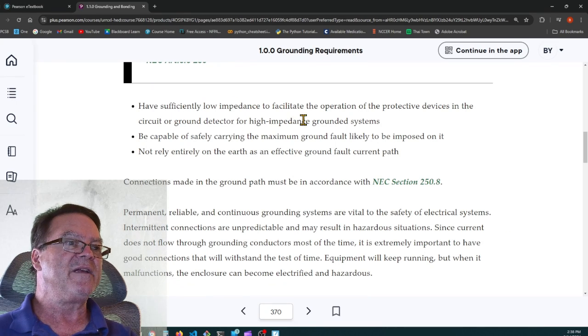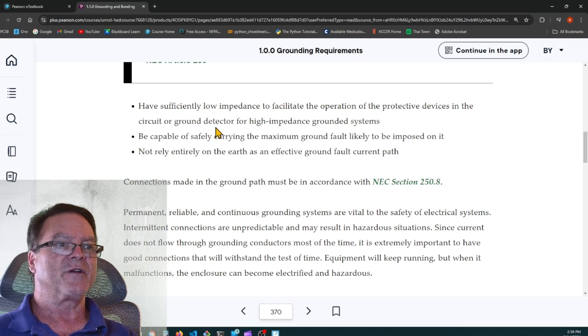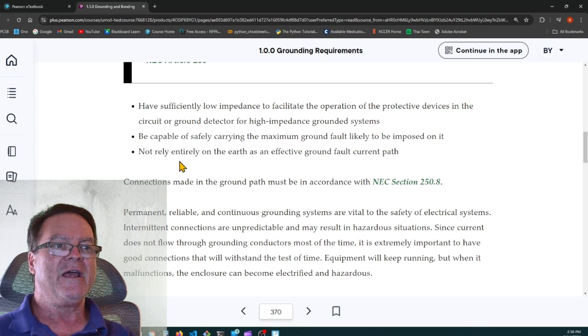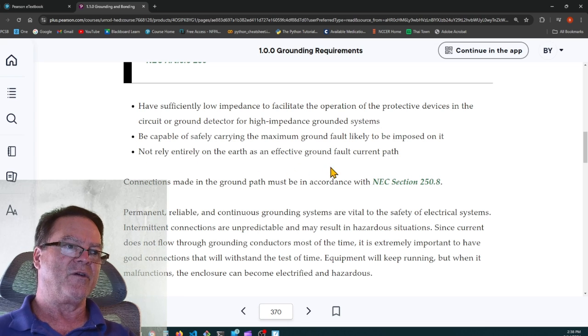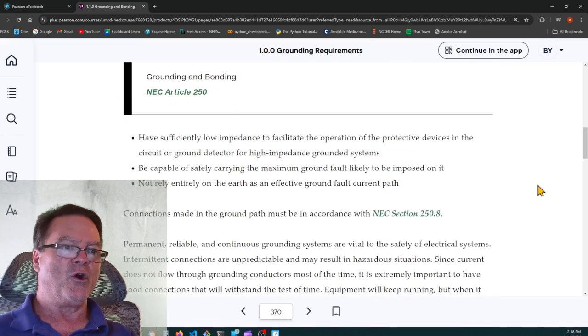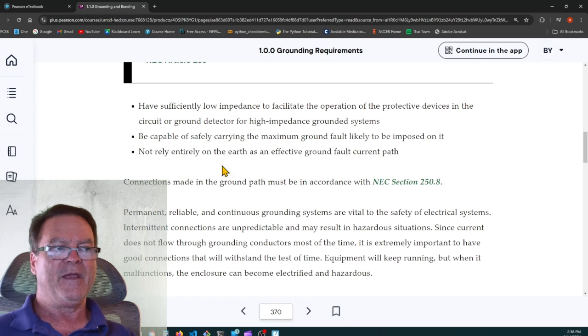Have sufficiently low impedance to facilitate the operation of the protective devices in the circuit, or ground detection for high impedance grounded systems. Be capable of safely carrying the maximum ground fault likely to be imposed on it and not rely entirely on the earth as an effective ground fault current path. We cannot use the earth as a conductor.